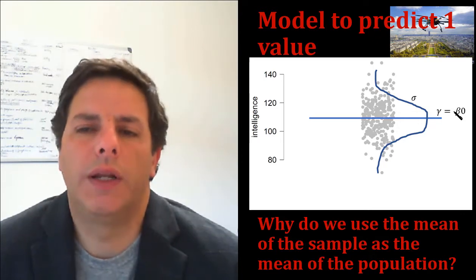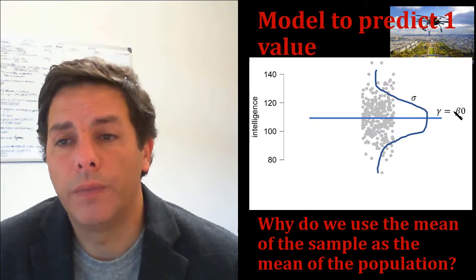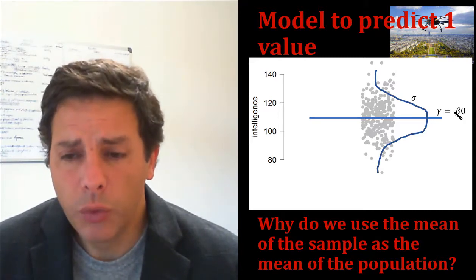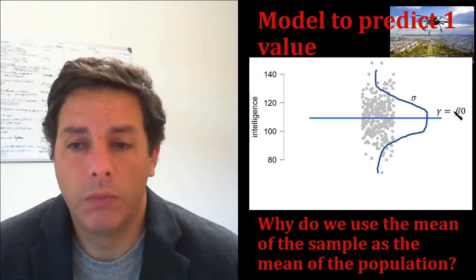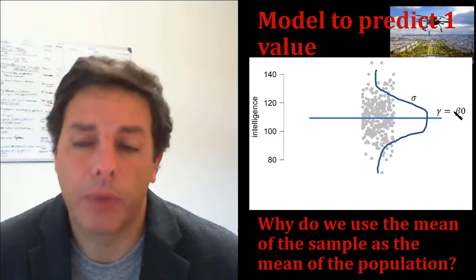Further from that, it will be less likely. So that's using the mean model as a predictor model. We are trying to predict the next value, what range of possible values are probable.